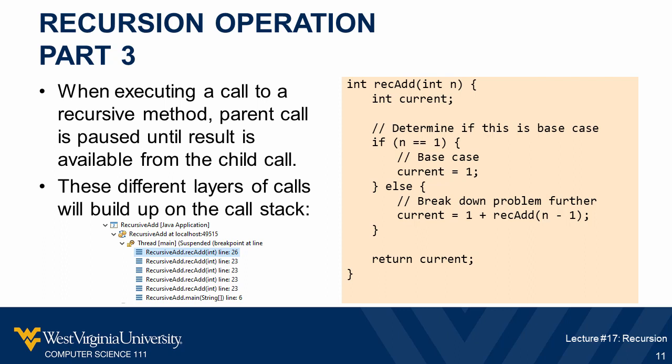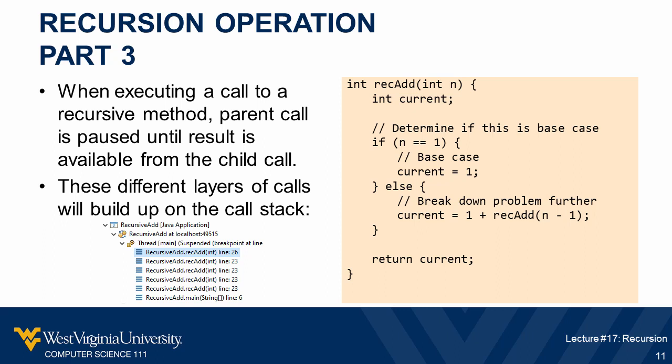So if we call recadd and pass it the number 5, our call for recadd of 5 is going to do a little bit of work, but as soon as it calls recadd with 4, recadd of 5 is going to have to sit there and wait until recadd of 4 returns with the result. That's going to pause execution on that call, and that's going to build up that call stack. So this is where, if things don't lead to a base case, we're going to have infinite recursion.